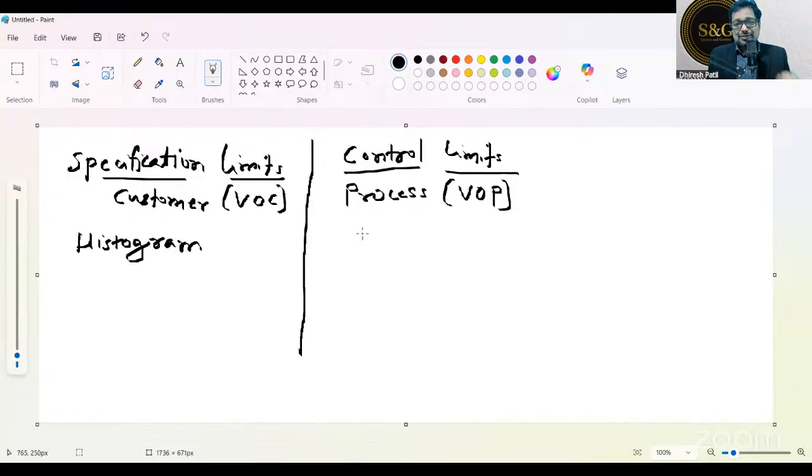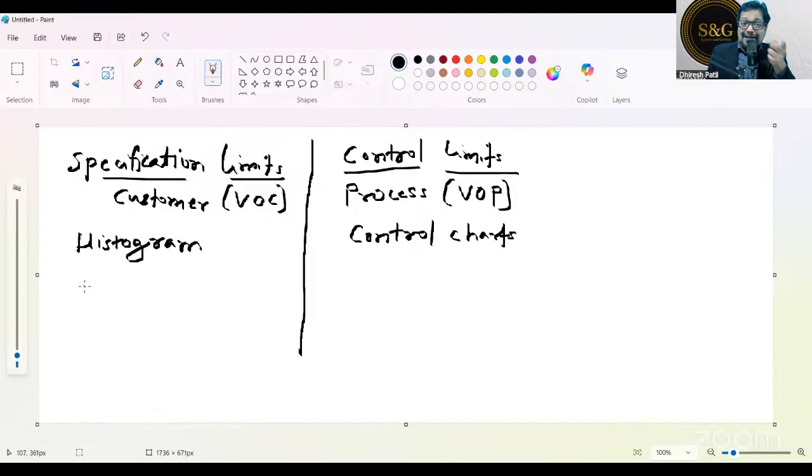Which tool do we use when we plot control limits? Control charts. Absolutely right. Correct?